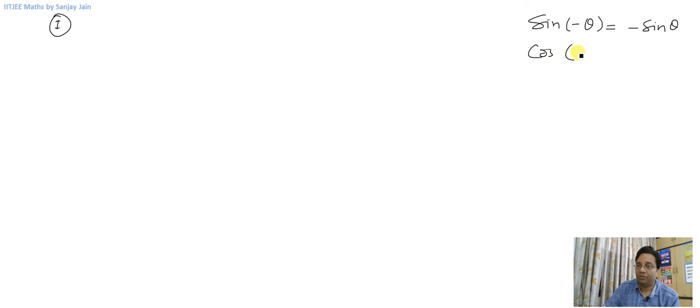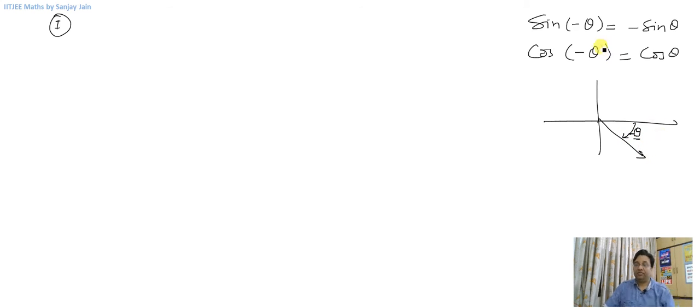So now I can prove it in multiple ways, but the first thing I wanted to focus on is that sine of minus theta is minus sine theta, right? We have already talked about this. Cos of minus theta is cos theta, right? You remember in a unit circle we said that if I rotate this angle in the clockwise direction, if this is theta, then this is a negative angle, or I denote it by minus theta.